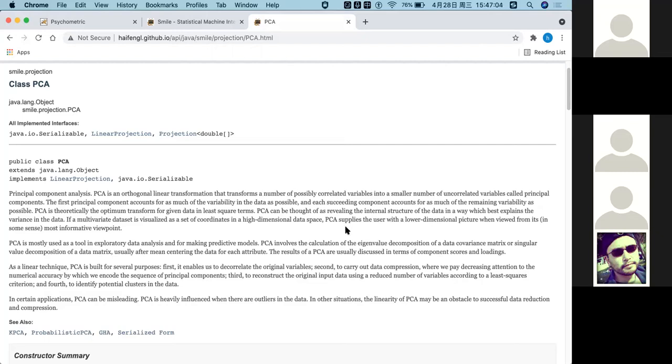Sorry, what vector? Okay, I don't know how to say that. The vector has the largest difference. What kind of difference are you talking about?